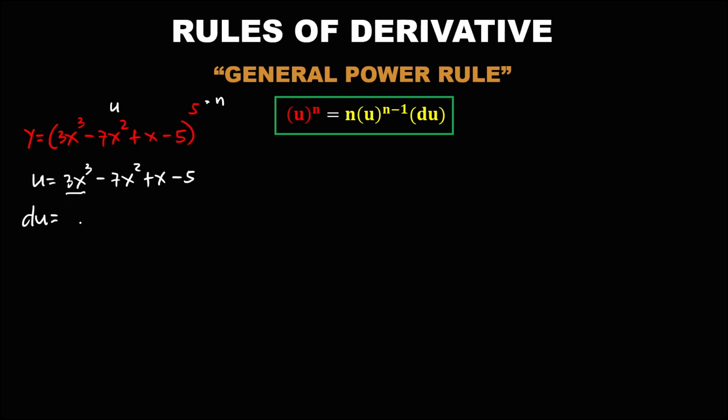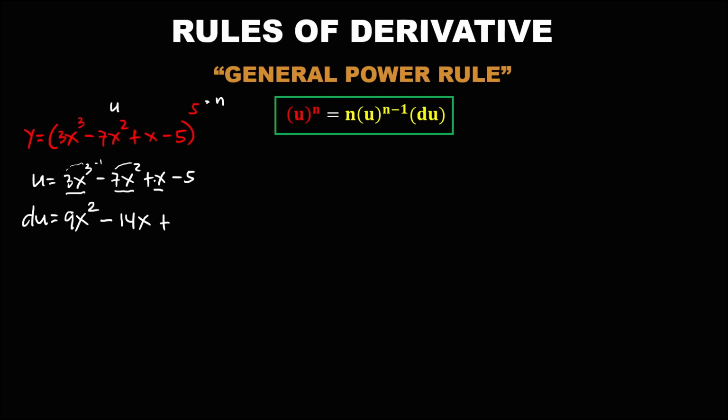The derivative of 3x to the power 3: 3 times 3 is 9, then x to the power 2. Then minus the derivative of 7x squared: 7 times 2 is 14, x to the power 1. Then plus the derivative of a constant and x, that's equal to the constant.